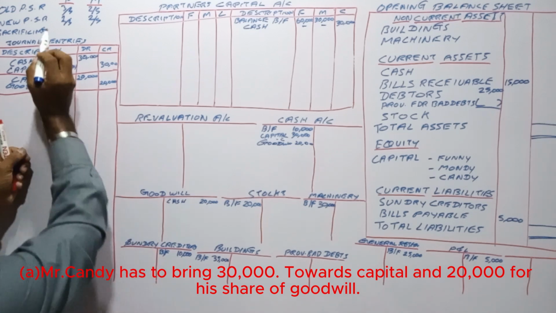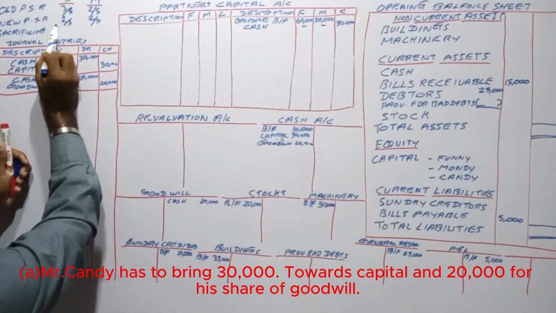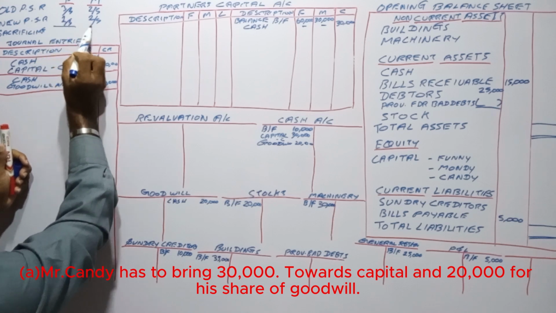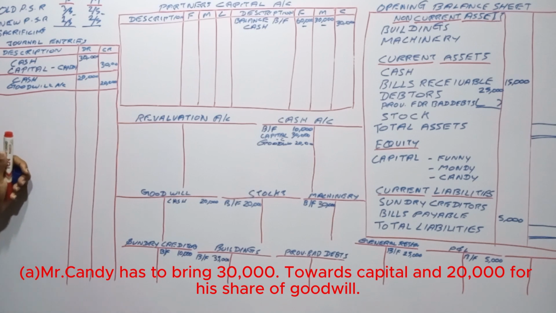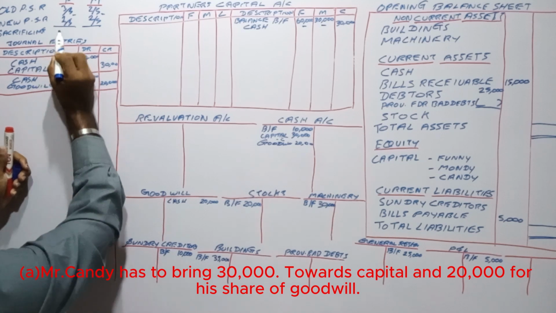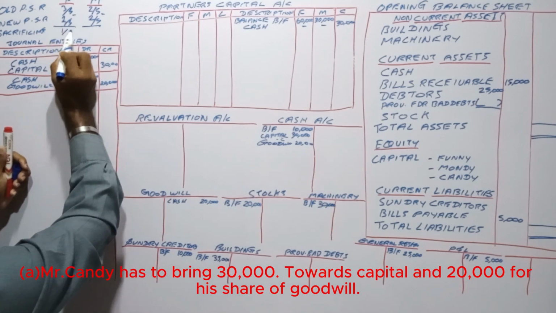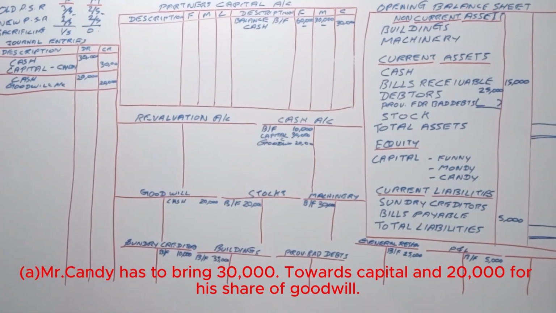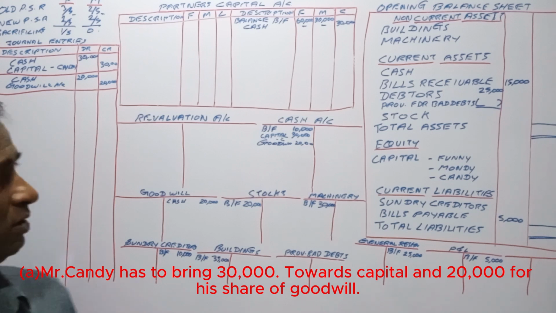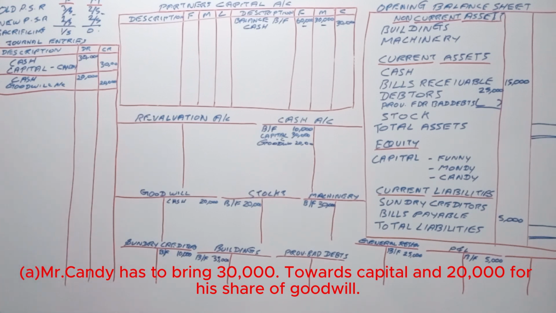When you deduct the new profit sharing ratio from the old, Fanny's sacrifice is 1 by 5 and Mundi's is 0. So the sacrificing ratio is such that Fanny gets the whole goodwill.